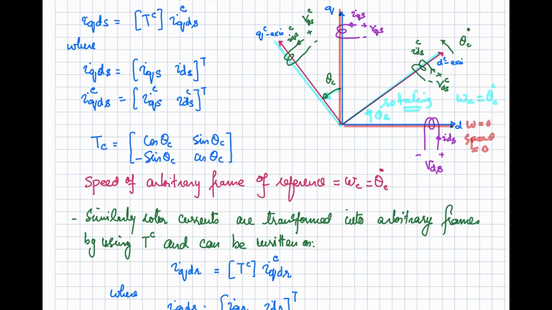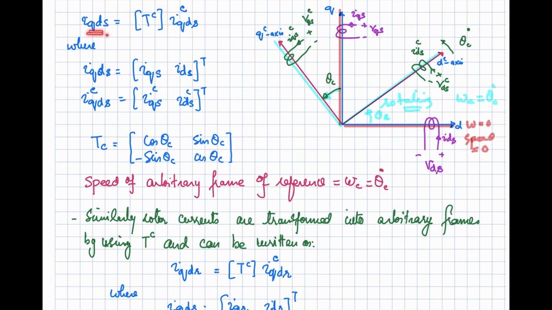So we can relate the current of the rotating frame of reference, that is with this superscript C, IDS in the arbitrarily rotating frame of reference with some speed, and this is in the stationary frame of reference. So the quantities in the stationary frame of reference, if you translate from rotating frame of reference to stationary frame of reference, you have the transformation matrix that when multiplied with the quantities in the rotating frame of reference gives you the quantities in the stationary frame of reference.